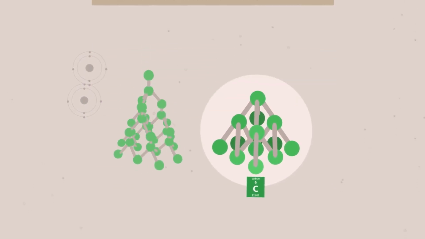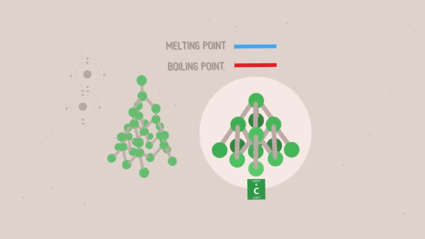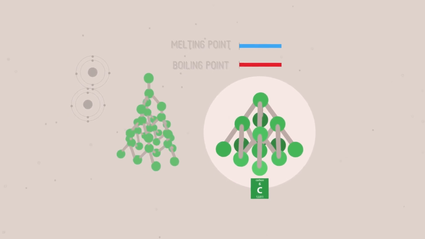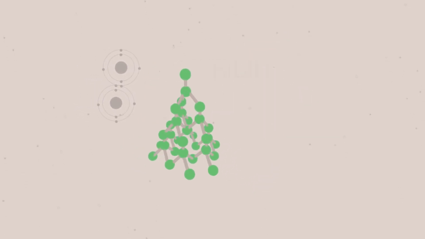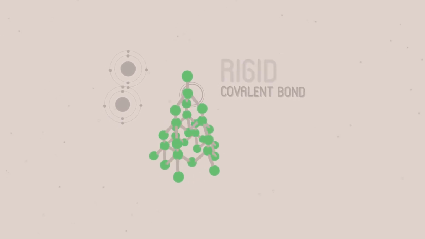These compounds have very high melting and boiling points because you have to break covalent bonds rather than the intermolecular forces to make them free enough to act as liquids or gases. The covalent bonds hold them rigidly in place in the giant lattice structure.